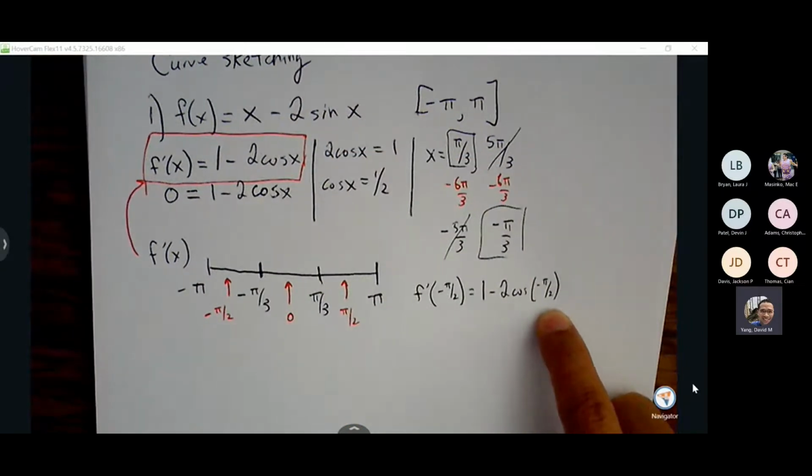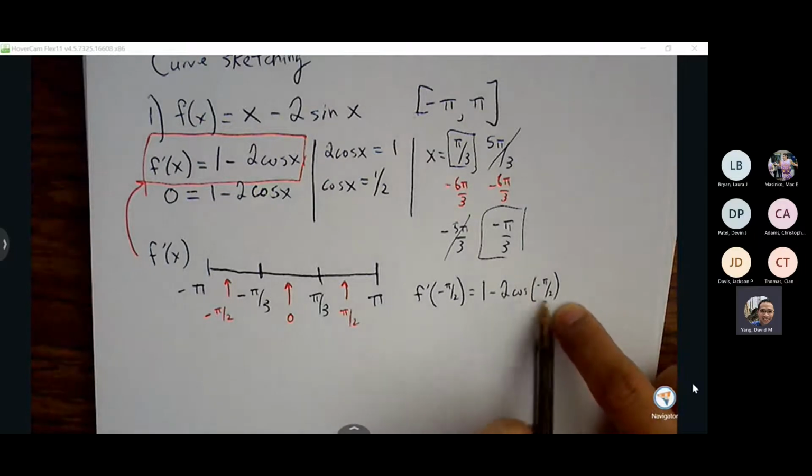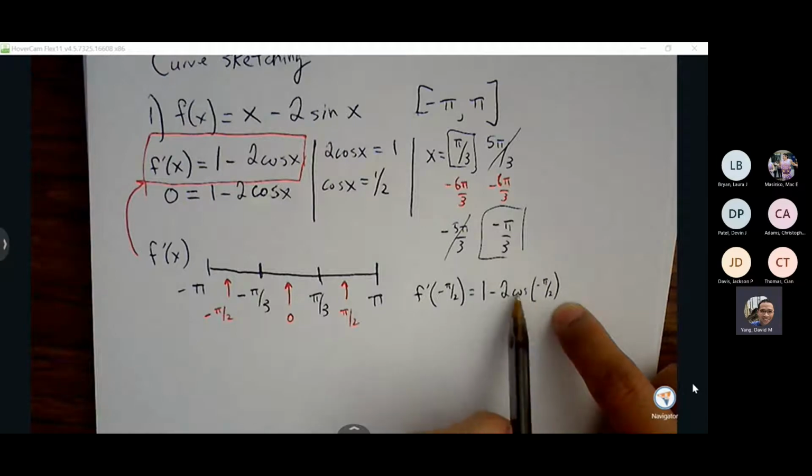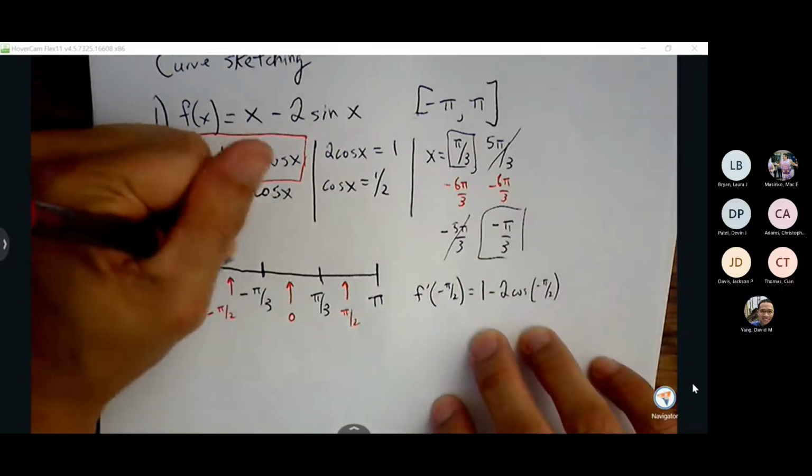Negative pi over 2 is the same thing as 3 pi over 2, right? I can always add 2 pi to make it inside the interval that we recognize. So cosine of 3 pi over 2 is going to be 0. 0 times 2, then 1 minus 0 is 1, so positive. Positive slope.